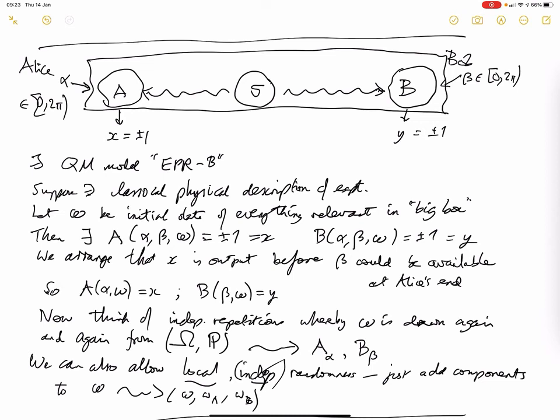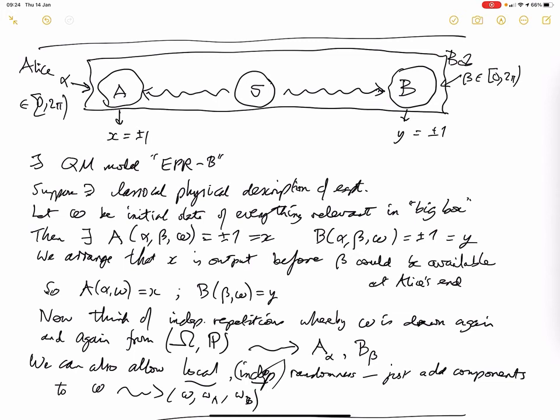So actually, A doesn't depend on beta, it only depends on alpha and omega. And B doesn't depend on alpha, it only depends on beta and omega. So there are some functions, A of alpha and omega, and B of beta and omega, and they generate x and y.